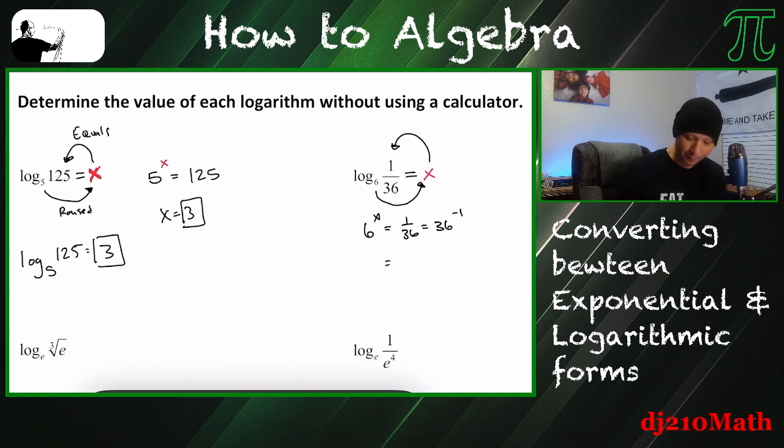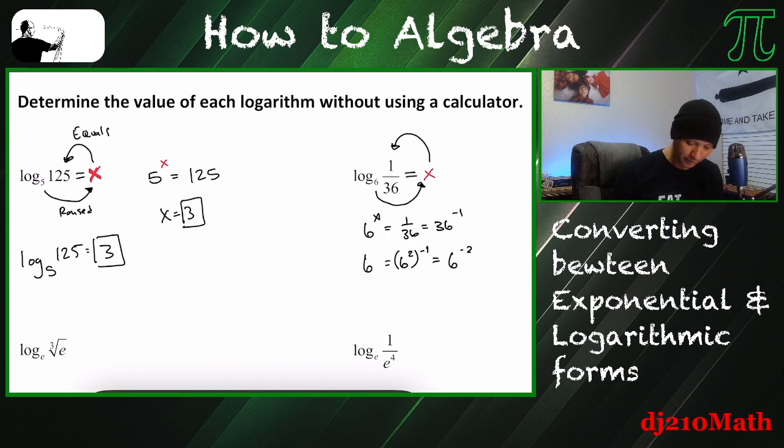I'm going to rewrite 36 as 6 squared, and that's raised to the negative 1 power. Property of exponents says that when you have an exponent raised to an exponent, you multiply. So 6 raised to the negative 2.